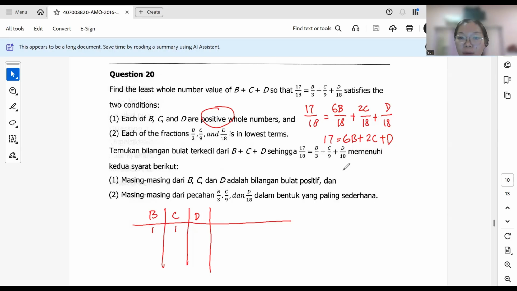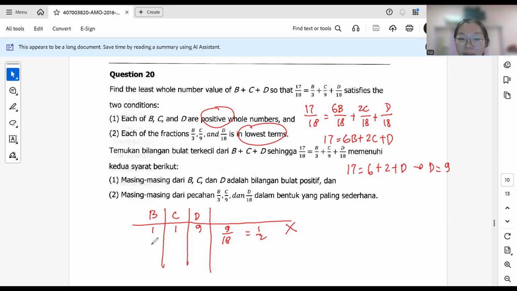If we put 1, that means 6 plus 2 plus D. D will be 9. But we check, because this needs to be in the lowest term, if we put D is 9. So this part will be this. This is not the lowest term. You can still simplify this, so not this one.